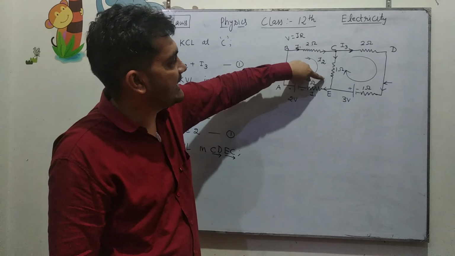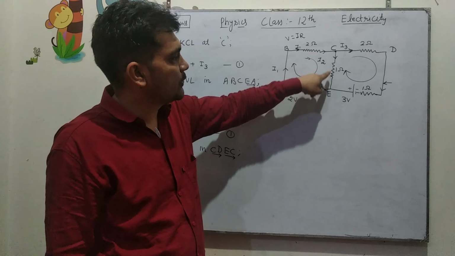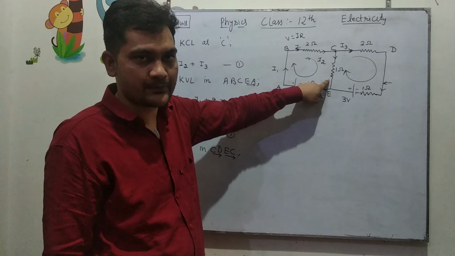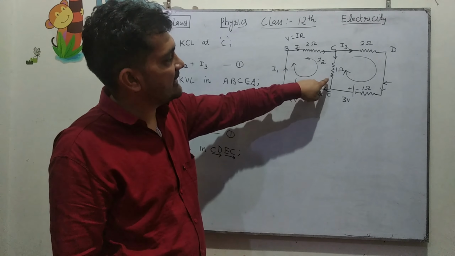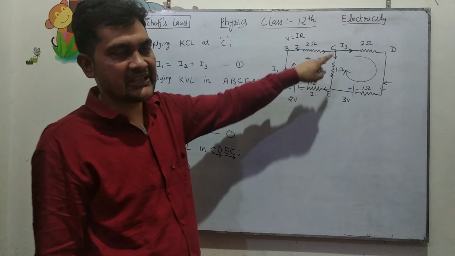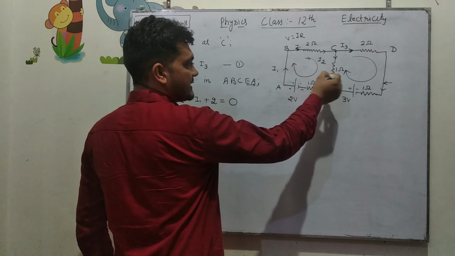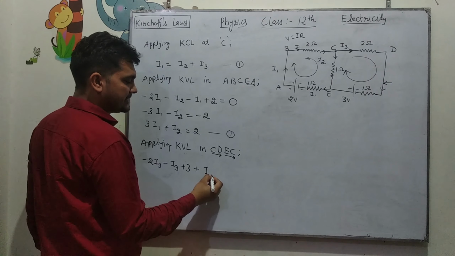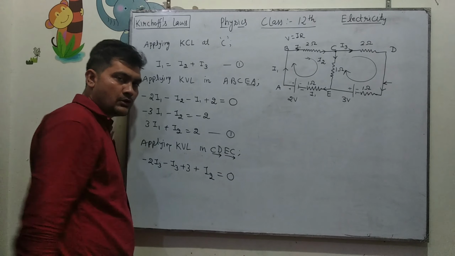Therefore, there will be a gain in potential, because current flows from higher to lower potential. It means potential is higher at this point and lower at this point, and we are moving opposite to this, meaning we are moving from lower to higher potential. Therefore, it will be a gain in potential. So a gain in potential is represented by a positive sign, it is 1 into I2. So it is plus I2. Now we have moved back to point C, therefore we can equate it to 0.